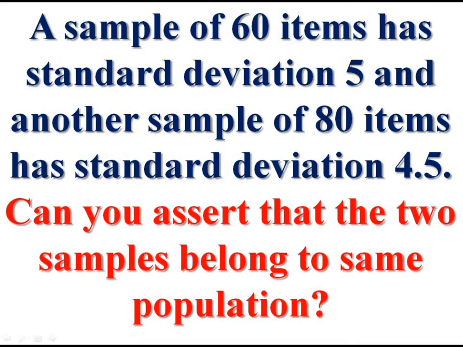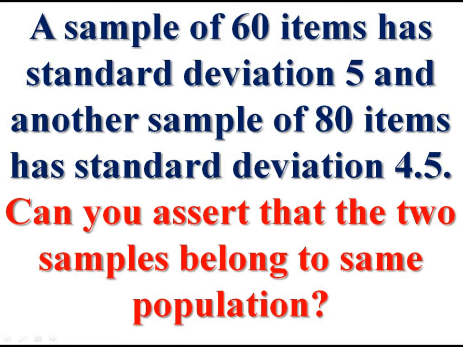Here, the numbers of samples are 60 and 80. They are large samples. To test the significance of difference between variances or standard deviations, we can apply either the F test or the Z test.